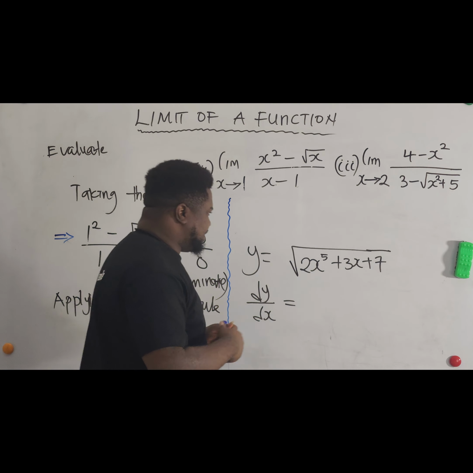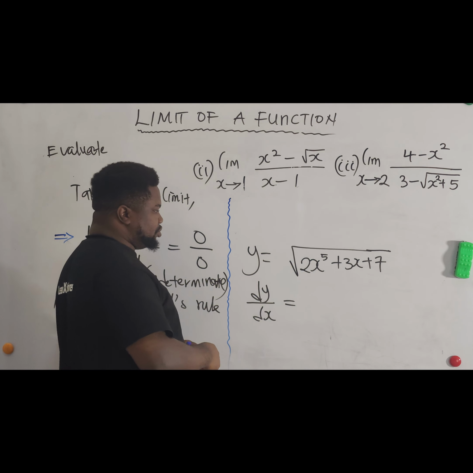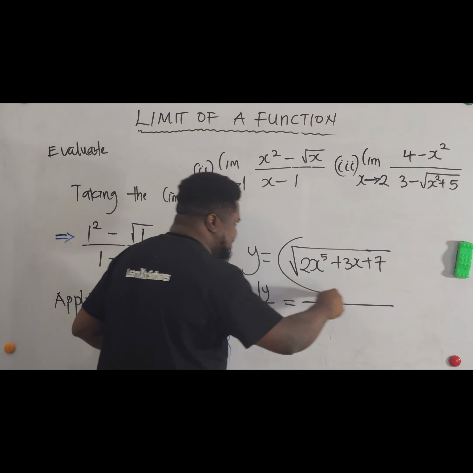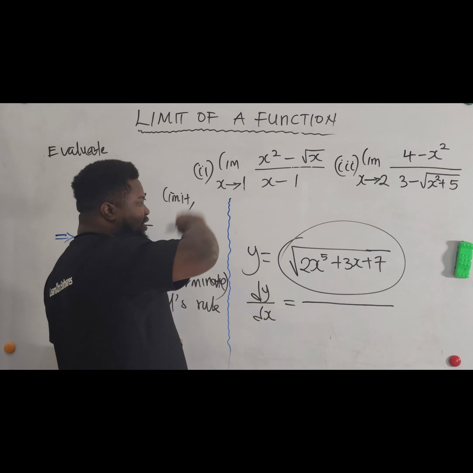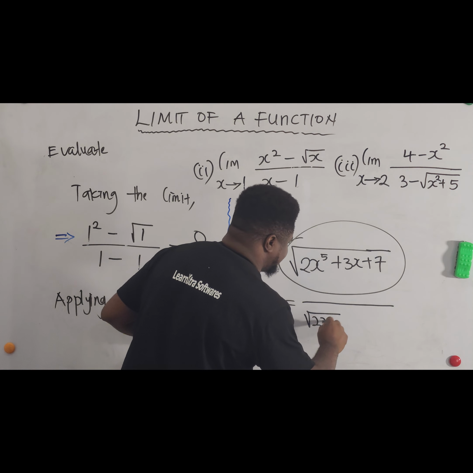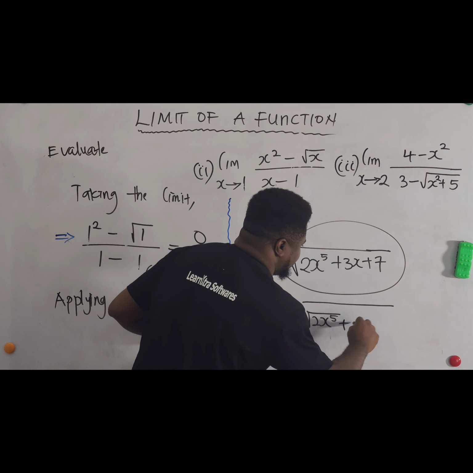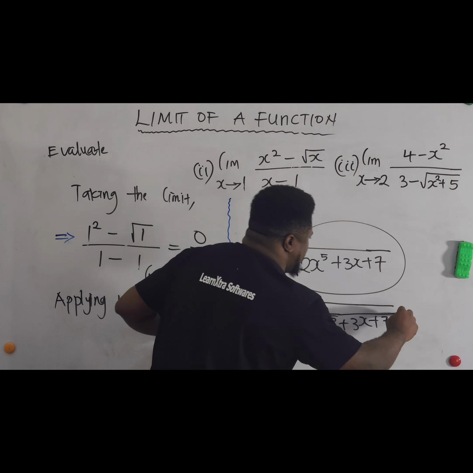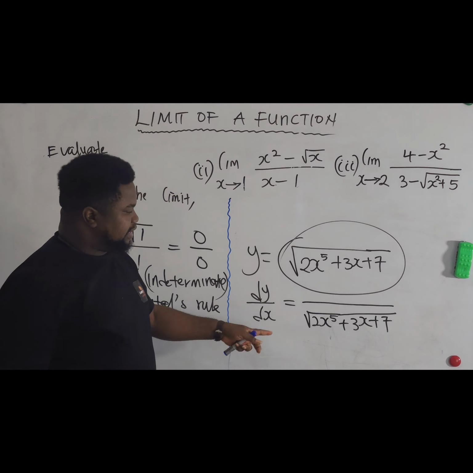Without solving anything, you simply draw a fraction. Take what you're going to differentiate and put it under, 2x power 5 plus 3x plus 7. What you want to differentiate, keep it under.